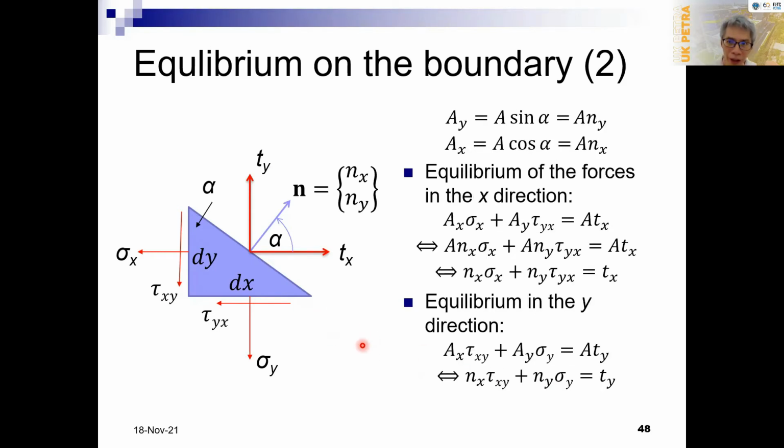Let's consider the force equilibrium in the x direction. This force, sigma x times Ax, plus the shearing force times Ay, equals the area times Tx. But what is Ax? A nx. What is Ay? A ny.